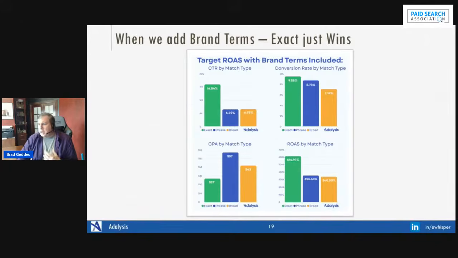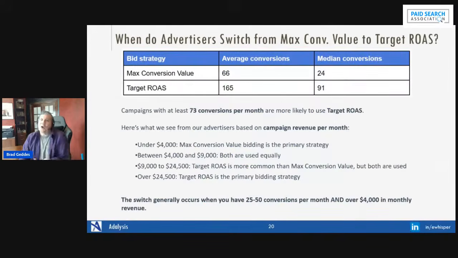So then I again wanted to know, when are people switching from max conversion value to target return on ad spend? This is convoluted data. So I looked at this from a revenue standpoint, a ROAS standpoint, average conversions, median conversions, total revenue, looking for patterns, and there's not fantastic ones.